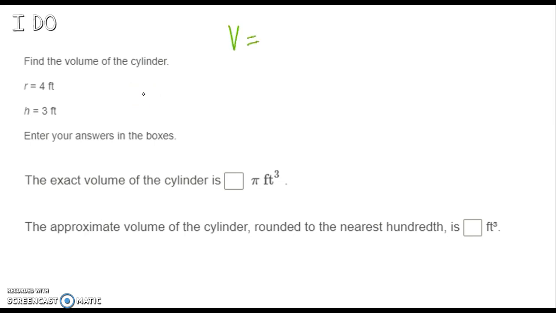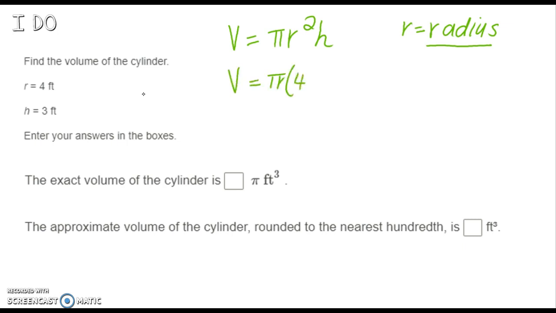So volume equals pi r squared h, where this r stands for the radius. Looking at this volume example, I am just going to plug in what they give me. I'm going to plug in my 4, I'm going to square it, and I'm going to plug in my height.